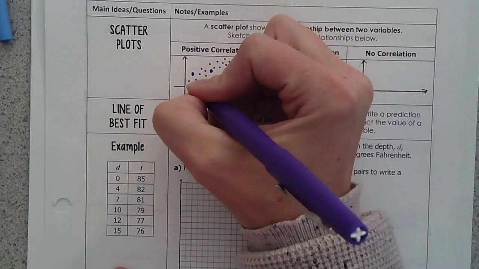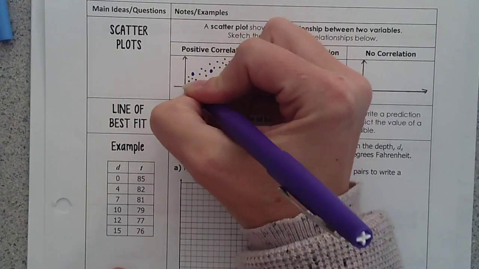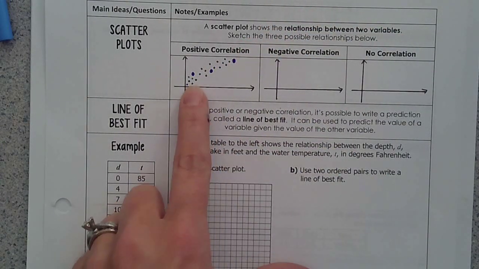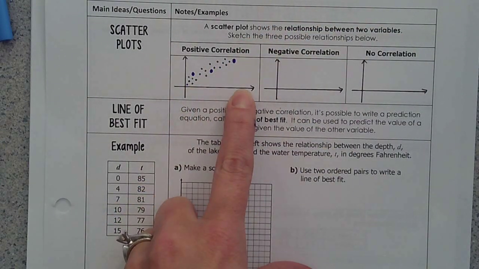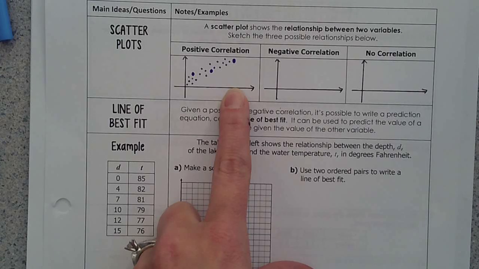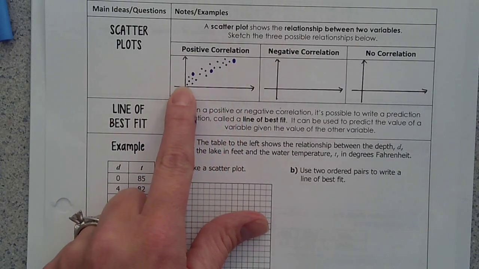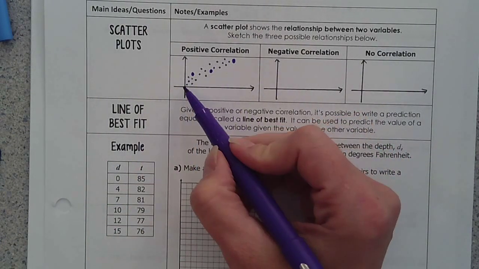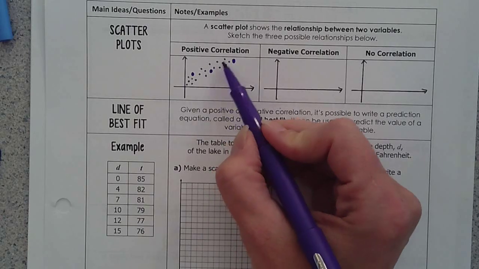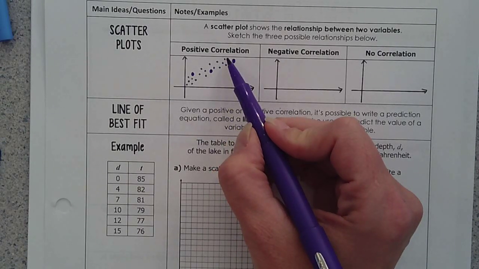Now notice that it kind of seems like people who are taller, for the most part, have a bigger shoe size. And my smallest shoe sizes are my shortest heights. And overall, if I were to draw a line through these dots, it looks like it has a positive slope.